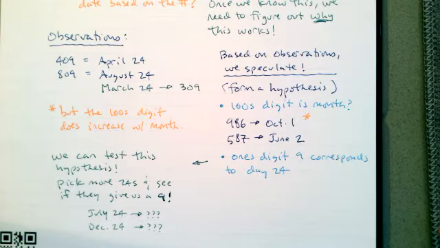We've got 3 pieces of evidence. There are 12 months available. We could just run through all of them and find out, because that's not a lot to do. So you could test July 24, December 24, January 24, and see if they end in a 9. So that would be a good place to start.